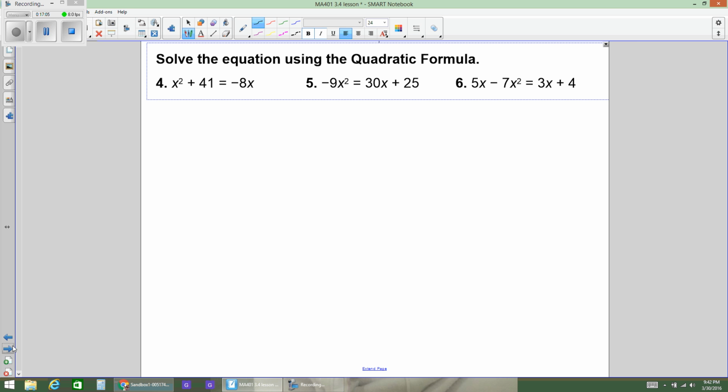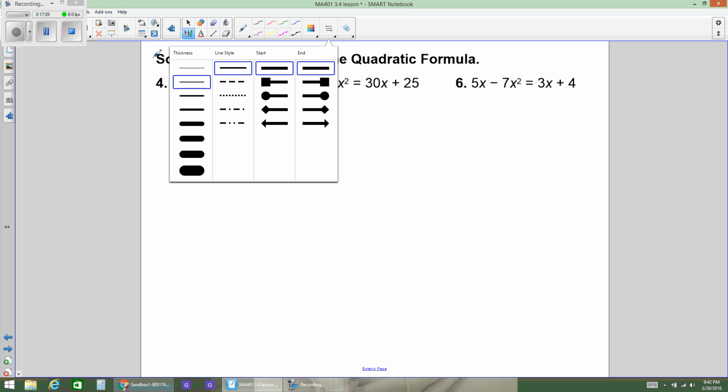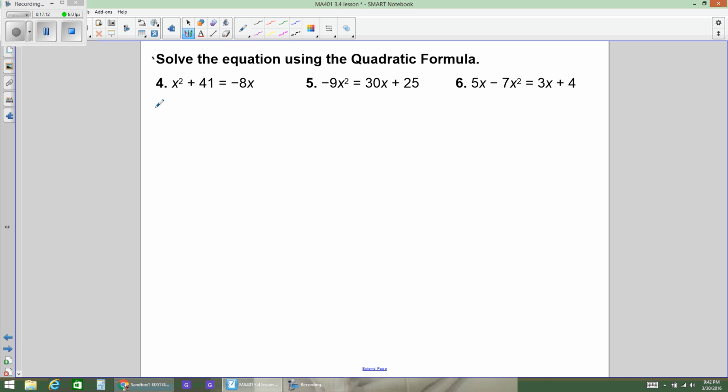All right, lots of practice for us here. Lots to do. Get my thin marker again. Okay, so I have to first add the 8x over to the other side. So my a value is a 1, my b value is an 8, and my c value is a 41.